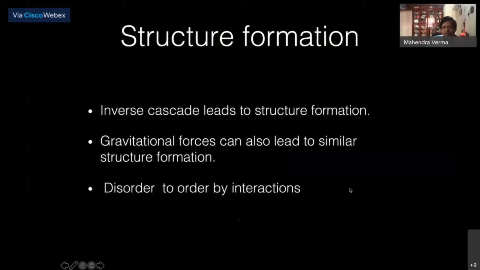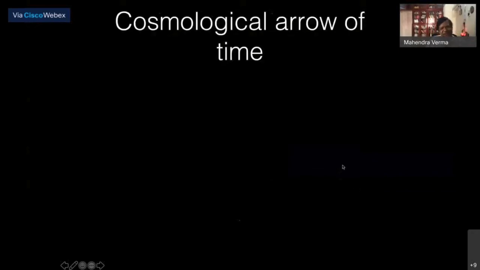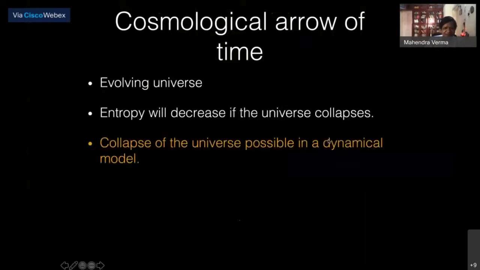The cosmological arrow of time is another issue which is connected. We can form structures by turbulence, but I will skip this part. What I want to say is that in some systems, the forward motion of time is for making structures.